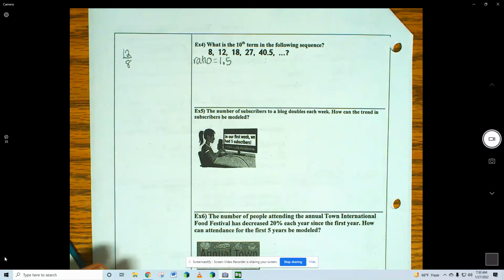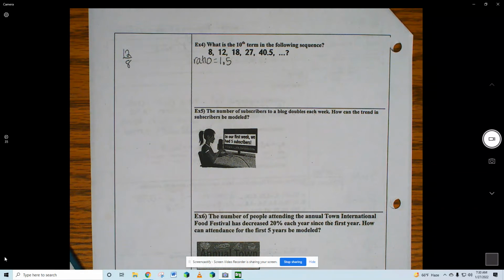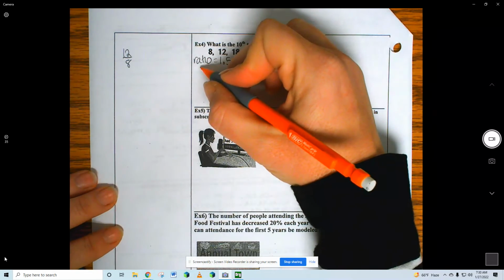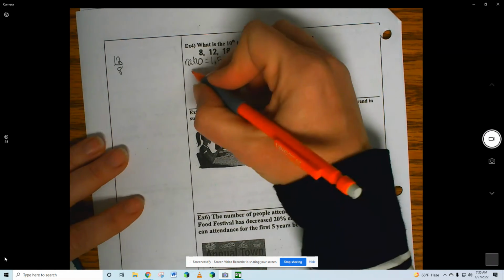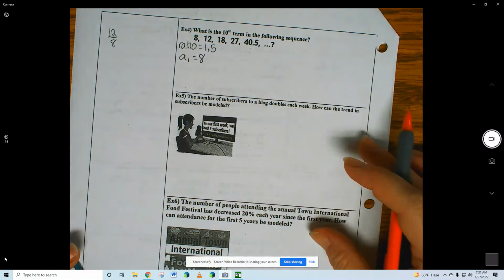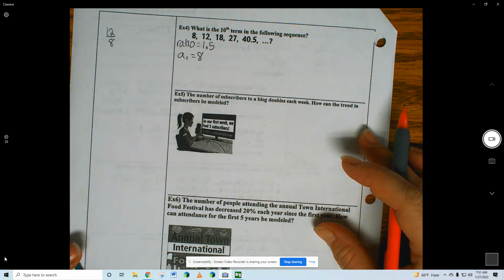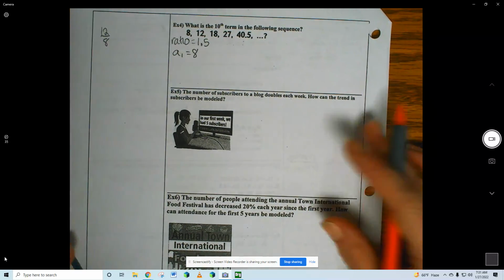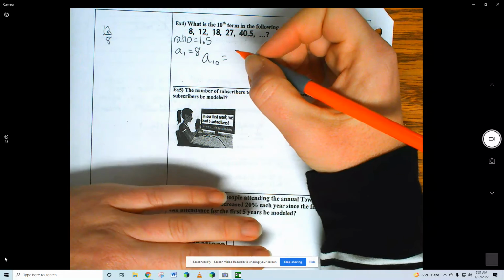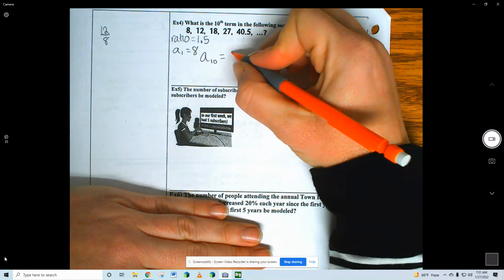Now, to find the 10th term, okay, so the first term is 8. And the first term we describe as A sub 1. A sub 1 is my first term. That's 8. So I'm going to do A sub 10 equals 8.